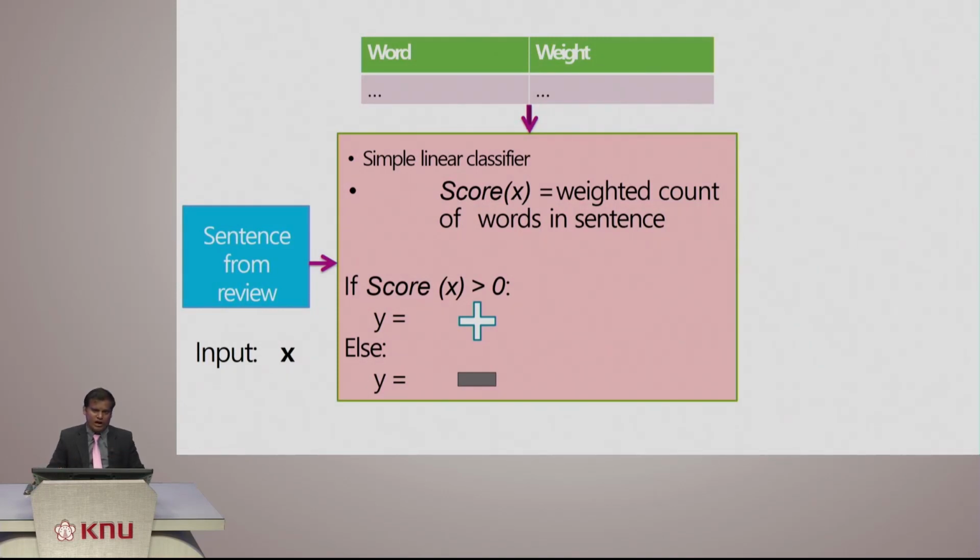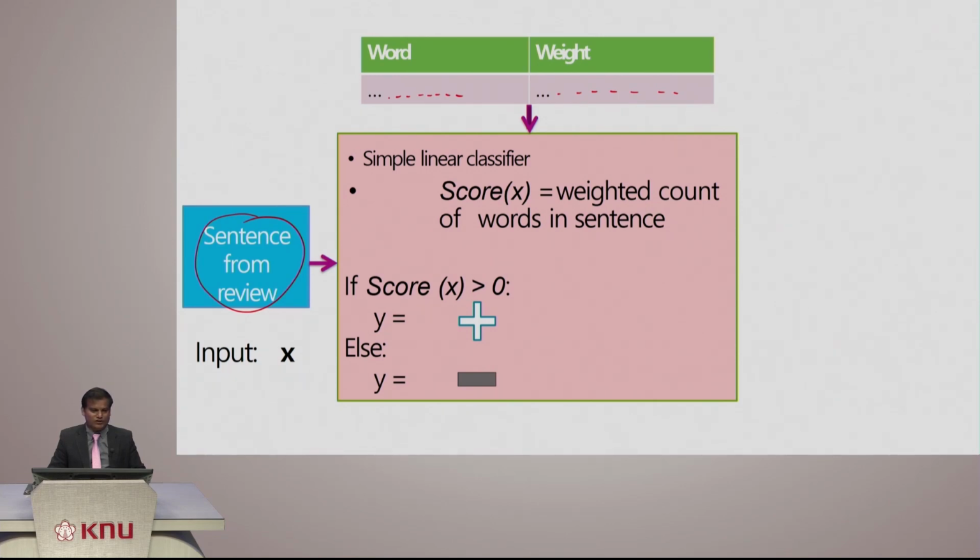So right now we have these words and weights given to us. Initially we just had positive and negative words, but right now we are going to have all the words and their weights given. As you can see here, the words and the weights are given, and then you are taking the sentence from the review, and now our classifier is computing a score, and this score is going to count the weights of the words in the sentence.